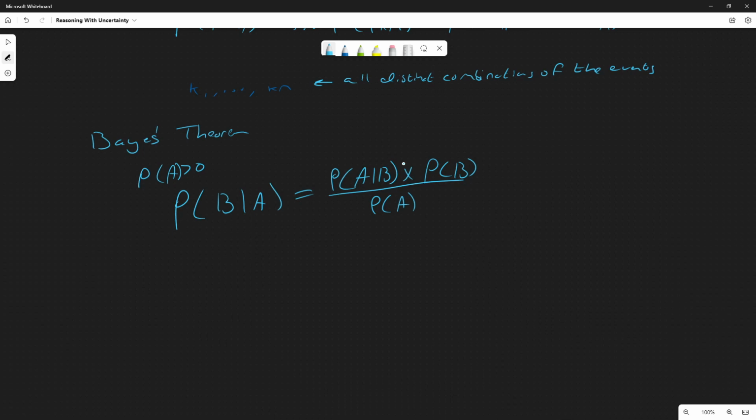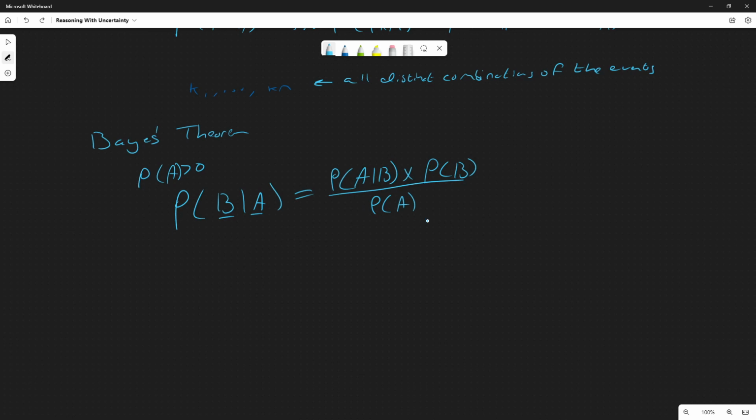If you have this equation, you can use this to find the other thing, the thing on the left. So if you want to swap your two, and you have a limited number of probabilities available, this is one way to do it if you have all these. If you don't have this one, the probability of A, you can actually do this using the probabilities above if you have a couple extra.